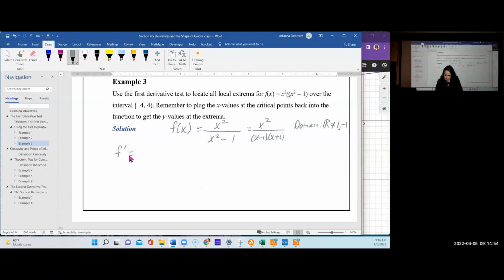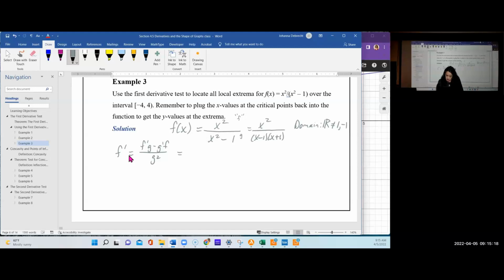So I think I'm just going to do the quotient rule, but on the original, not on the factored form. So this is going to be f prime g minus g prime f over g squared, where the numerator is the new f and the denominator is g.